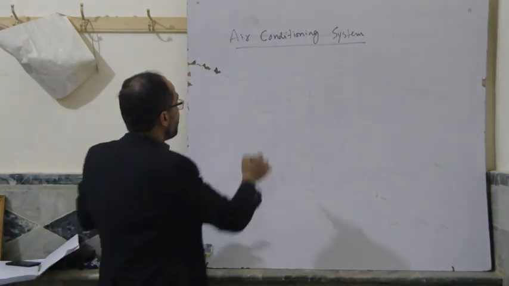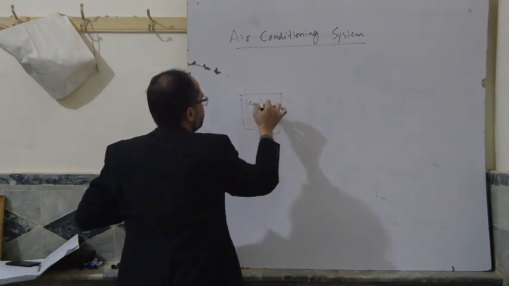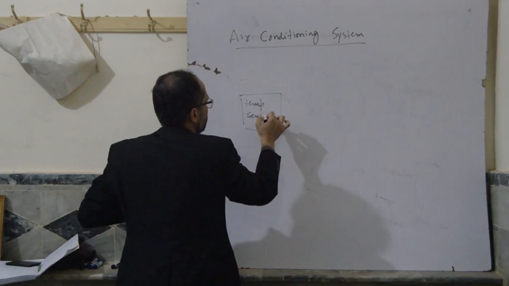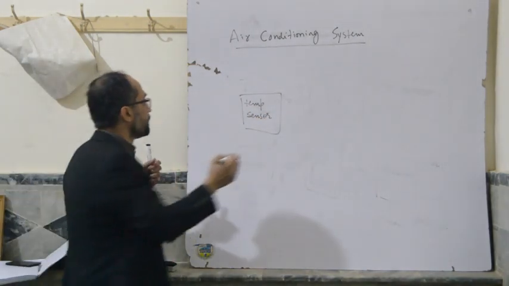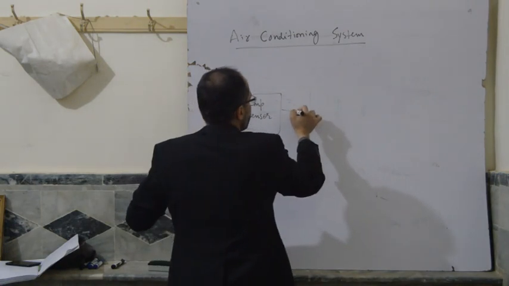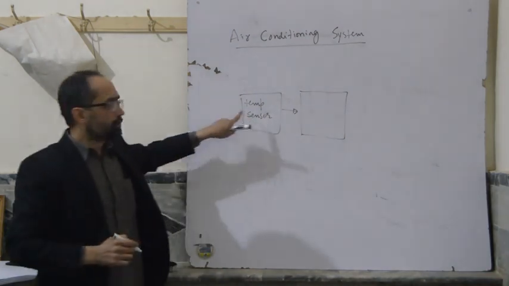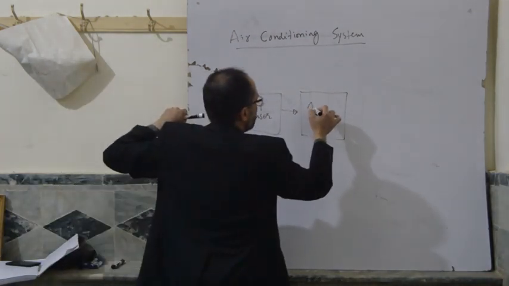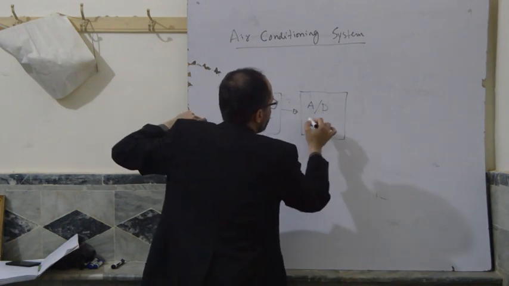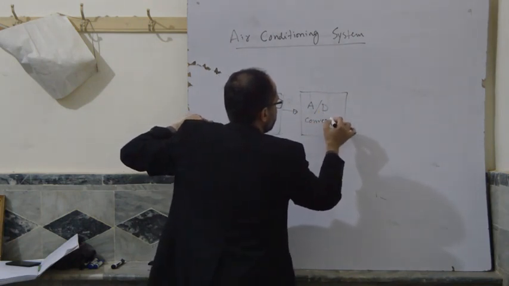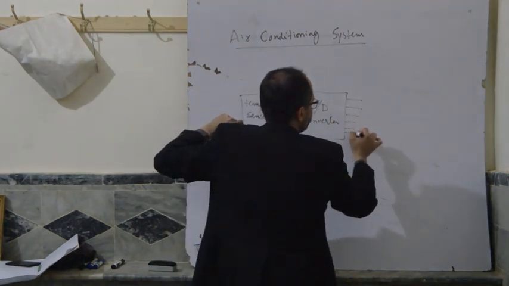Let's assume that in that air conditioning system, there is a temperature sensor. The temperature sensor will sense the temperature from the environment. This temperature sensor data will be analog. This data will be converted into digital data, so we will use an analog to digital converter. That data will be converted into digital data.